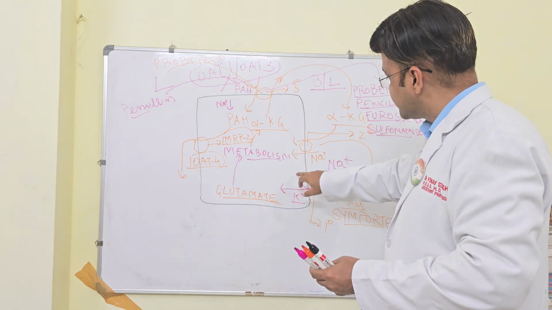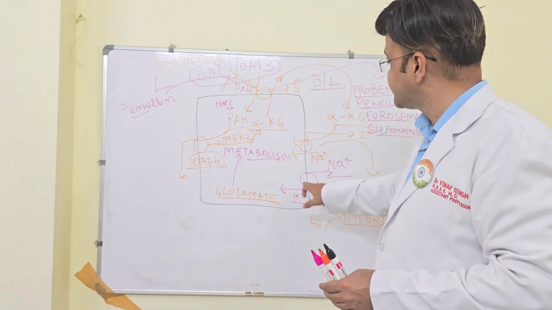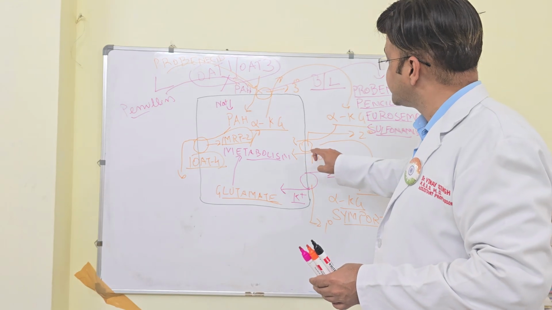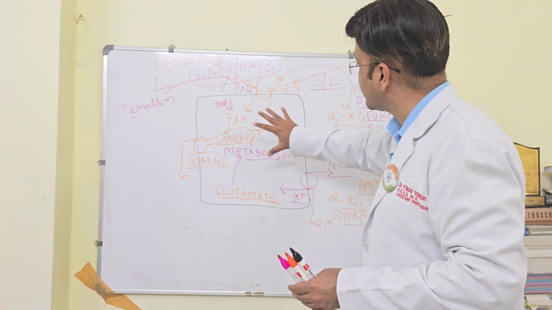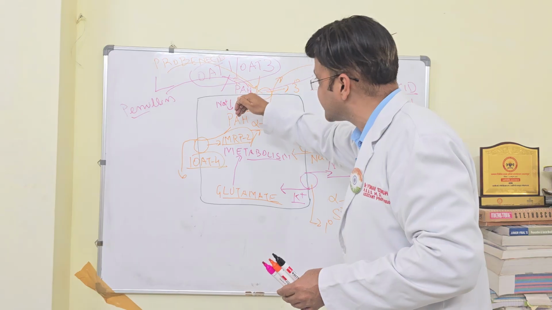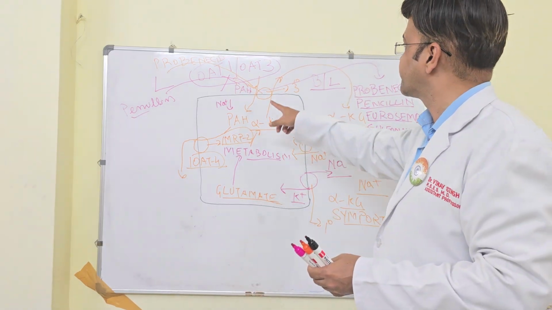Since this was the primary site which actually created the gradient, this is your primary active transport, right? Using this gradient, the alpha ketoglutarate came in, so this is secondary active transport, and more alpha ketoglutarate, when it moves out, the PAH comes in. So this is an example of tertiary active transport, right?